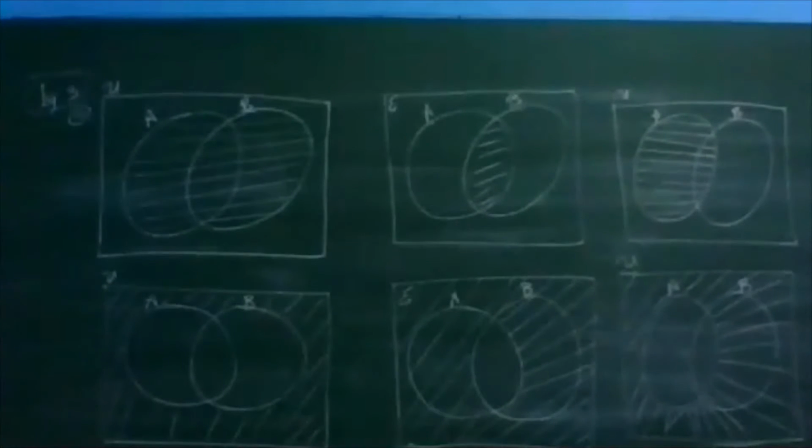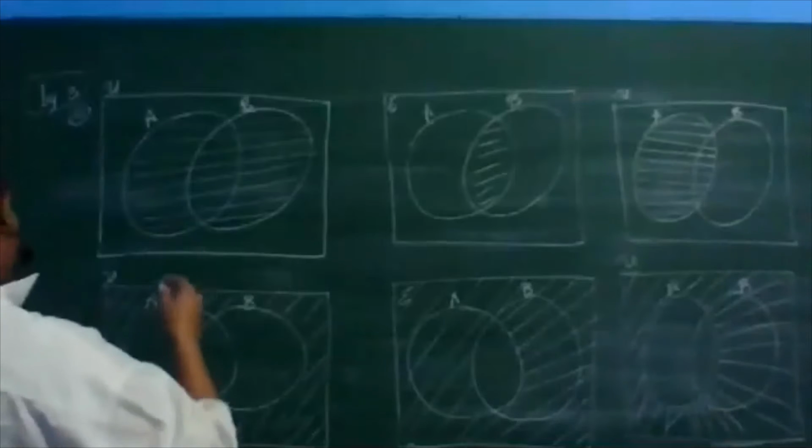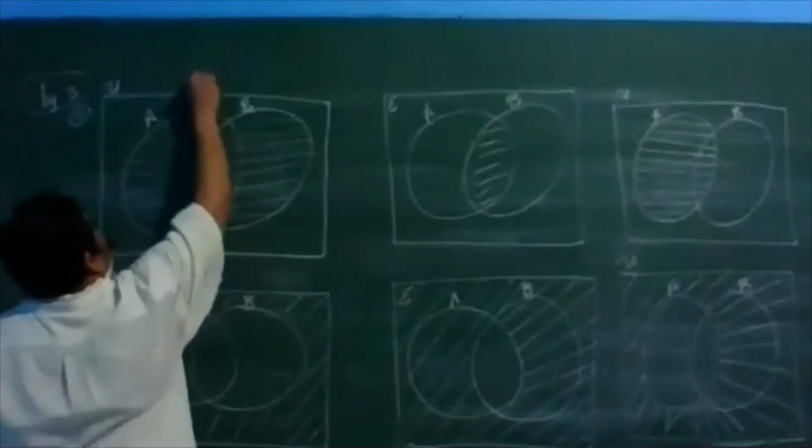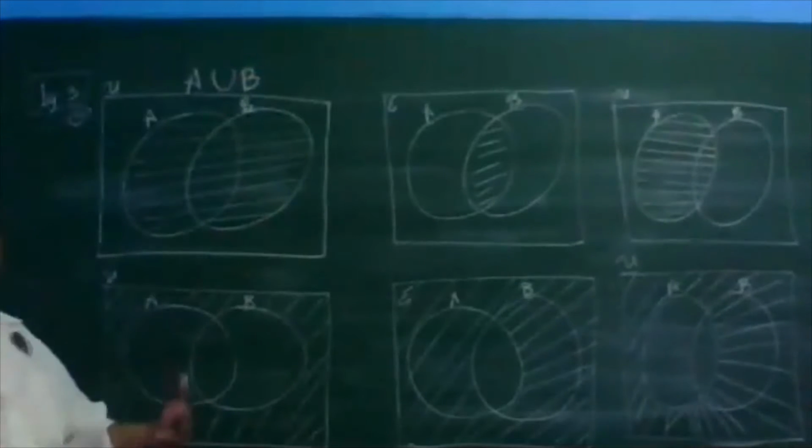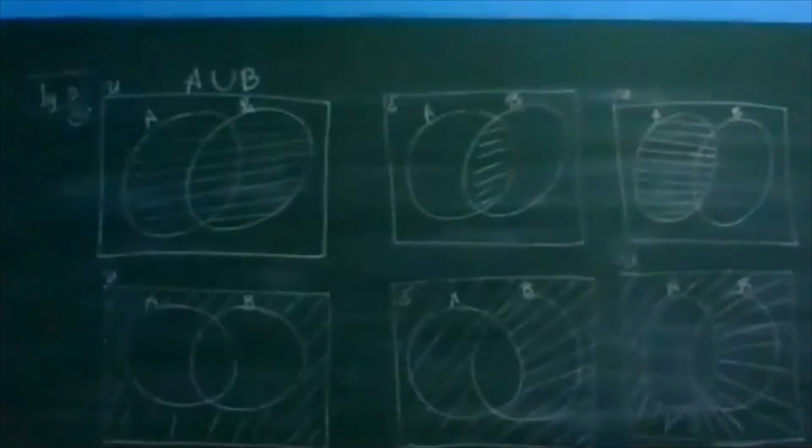We're going to call it A union B, because it shows everything that is in A as well as everything that is in B. So whenever it shows that kind of shading, everything in A and everything in B, it is called A union B.